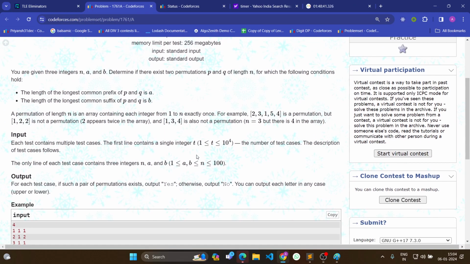Given three integers n, a, and b, determine if there exist two permutations p and q of length n.